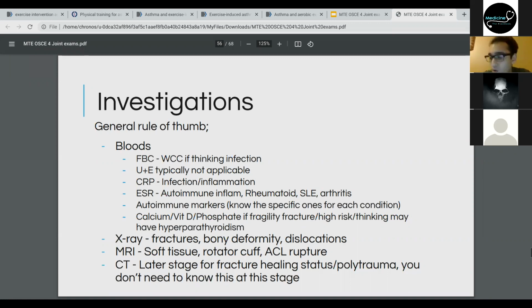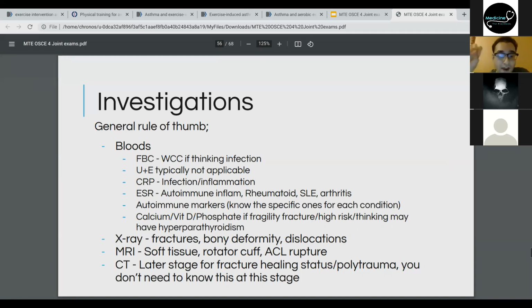X-rays will be your port of call as far as imaging. No matter what your patient is presented with in the OSCE, I would get an X-ray. In real life, I wouldn't get an X-ray for every single patient because although it gives you information, remember when you're asking for a test, it's because you want it to inform your clinical reasoning. An X-ray is not going to give you soft tissue, it's going to give you bone.